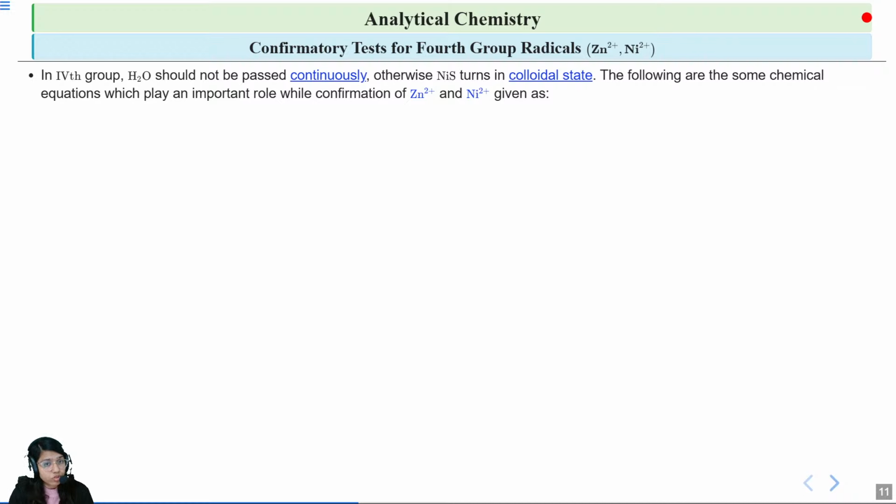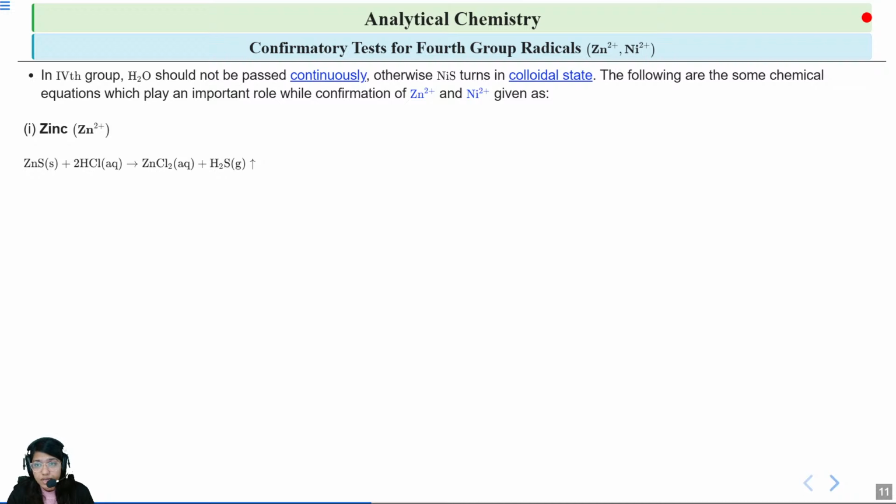So, in fourth group, H2S should not be passed continuously, otherwise NiS turns into a colloidal state. So, let's see some chemical equations which play an important role in confirmation of Zn2+ and Ni2+ ions. First we'll talk about the reactions of zinc ions, Zn2+.